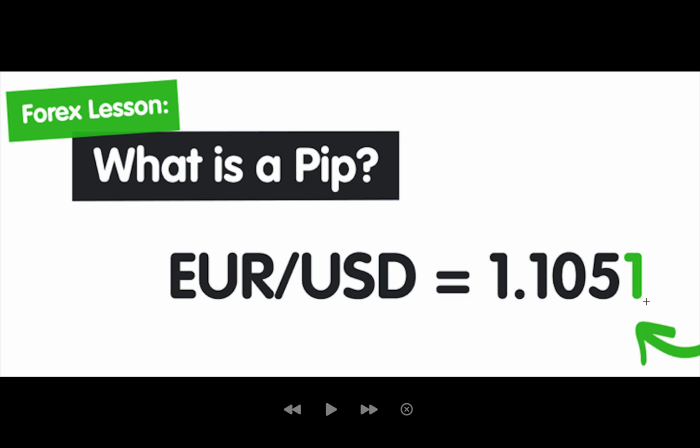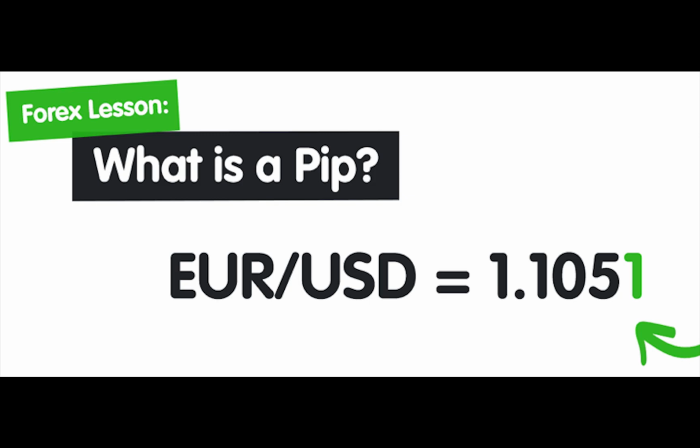This last number here is called a pip, or a unit pip. The one before it is called a tenth pip, this is 100 pip and this other one is 1,000 pip. That is how you'll be able to determine your pips.